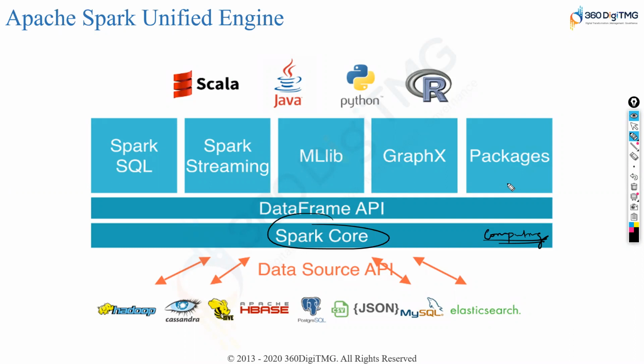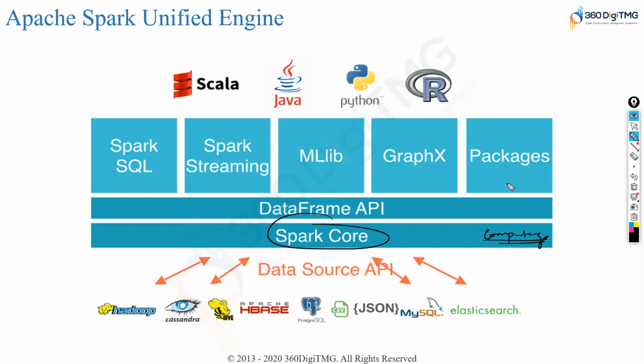So in Spark, we have this data source API, which will allow Spark to interact with many data sources. Look at those examples. You can talk about Hadoop, you can talk about various other software, standalone files, data lying on cloud.